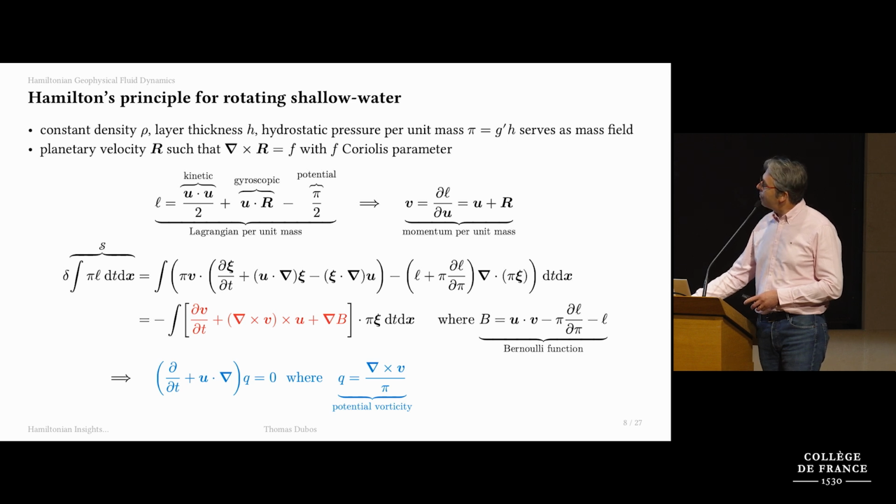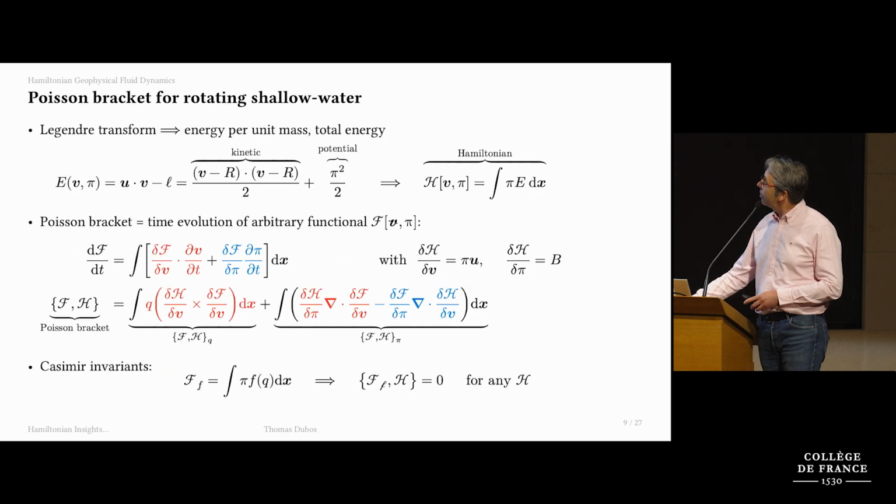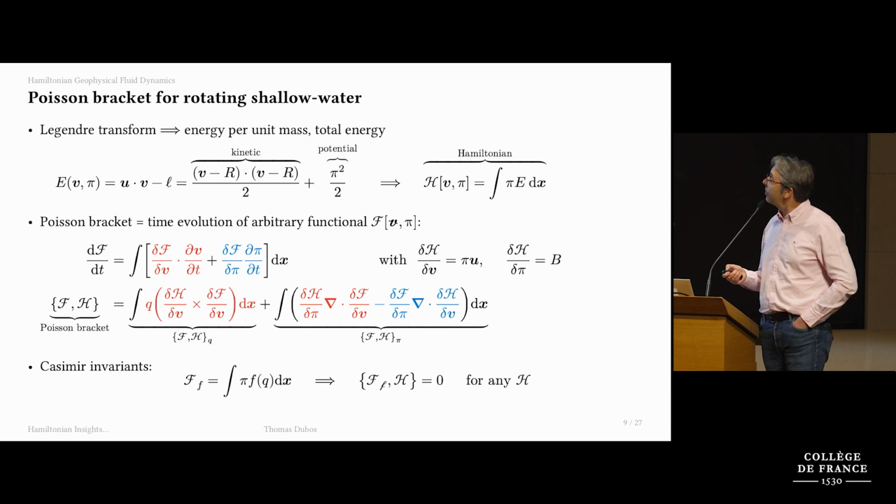Now, if we want to have a Poisson bracket expression, we need to start from energy, and energy per unit mass. The procedure is standard. So you make a Legendre transform of the Lagrangian, which yields the energy in the usual form. So you have a kinetic part. So V is the conjugate momentum.